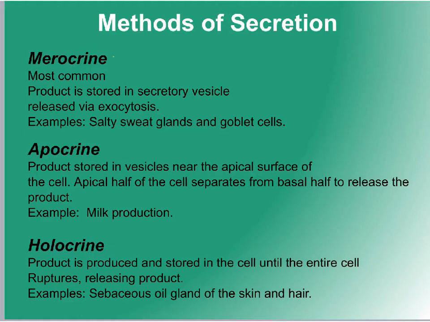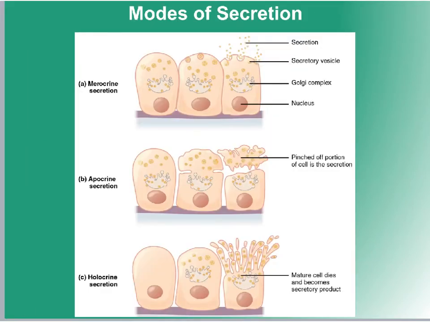There's merocrine, apocrine, and holocrine. So let me show you or explain how they secrete their product in the next slide. It'll be a little bit more easily understood if we can look at it in pictorial form.